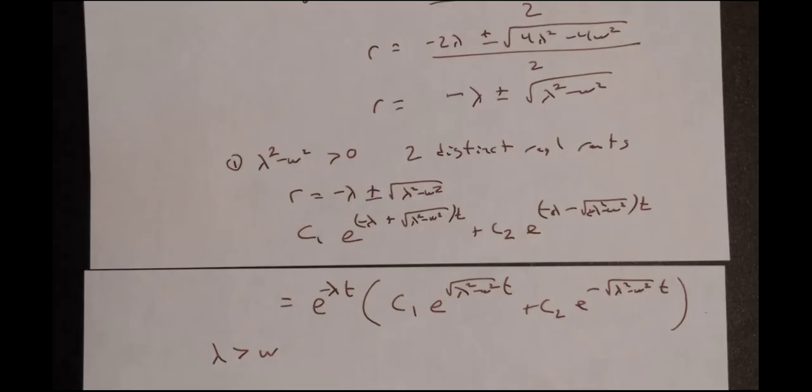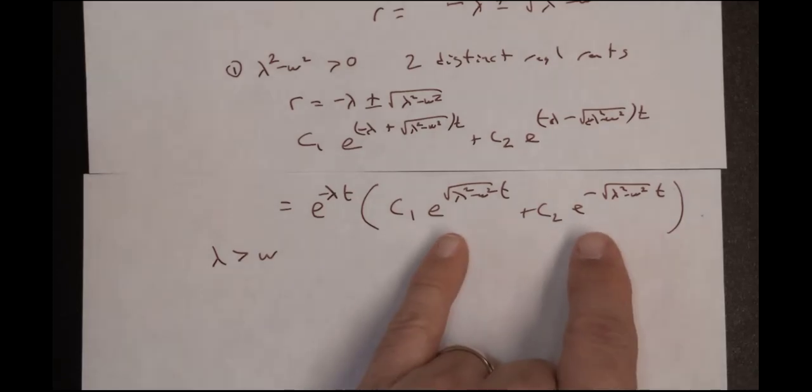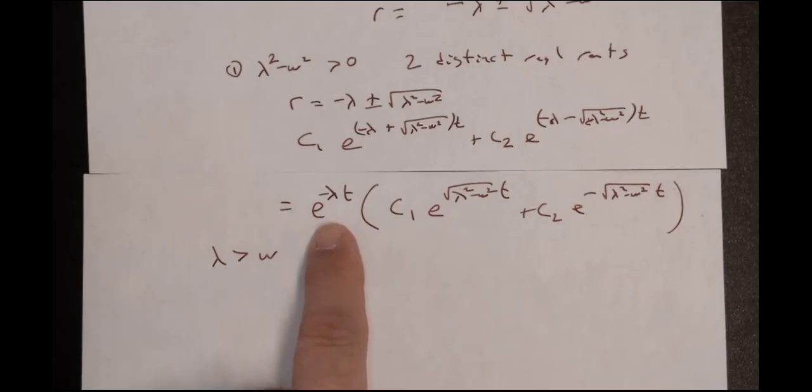It was our oscillatory frequency, and that's the only place it shows up is up here. This wins. No matter what's going on here, it's going to be multiplied by e to the negative something. What happens as t gets bigger and bigger and bigger to this term?